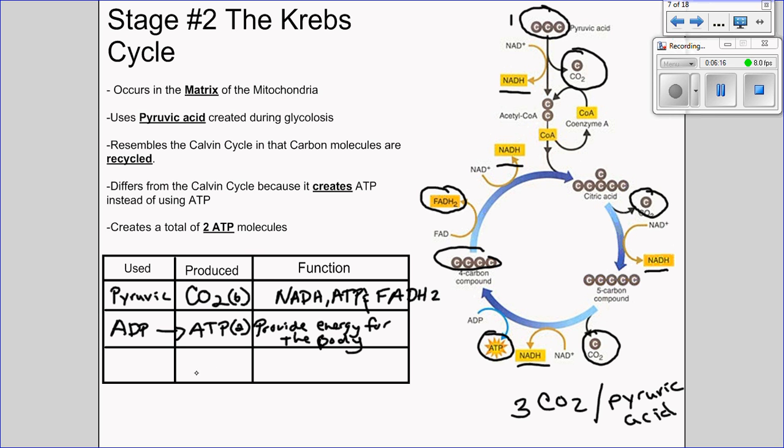And lastly, you have the NADH and FADH2, but we're going to most notably talk about NADH. Well, actually, the NAD plus is converted into NADH.